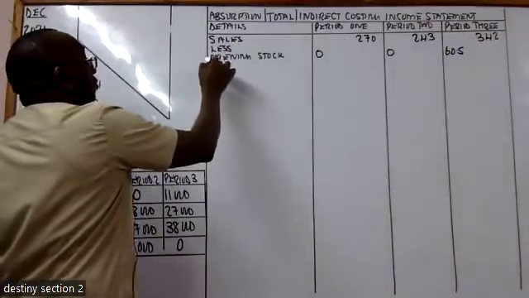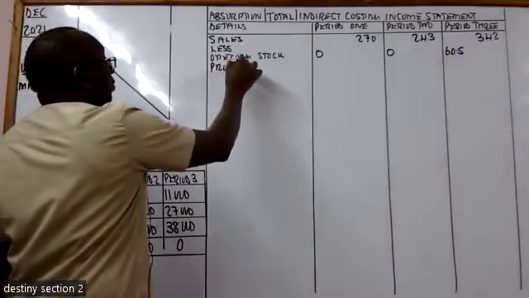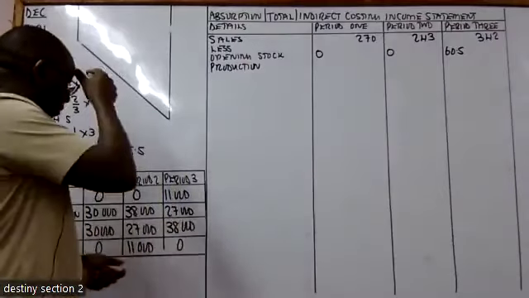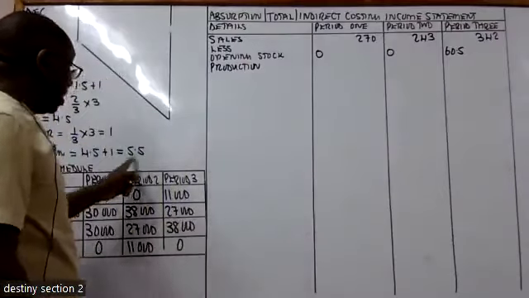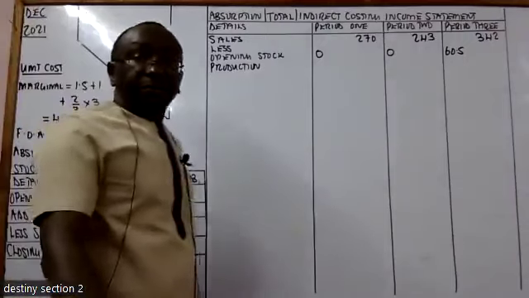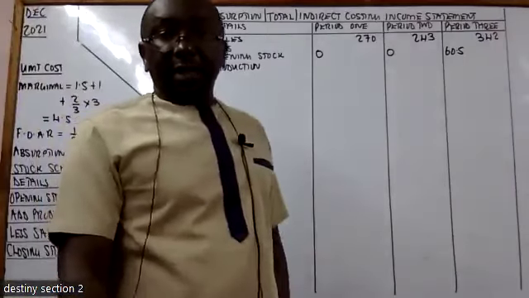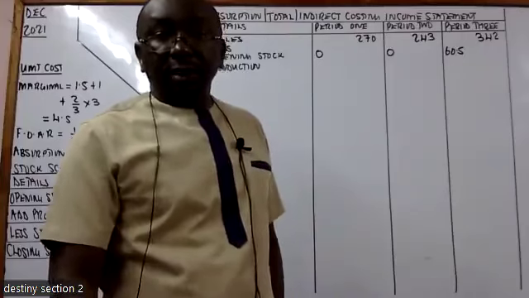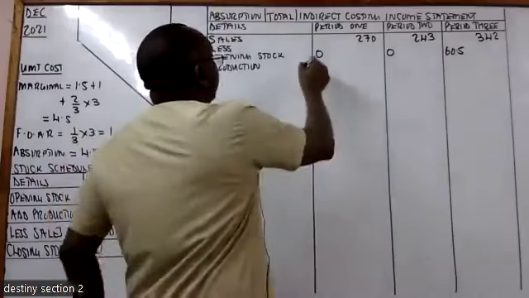Then we come to production. Now production is 30 times 5.5. 30 times 5.5 is what? 165.